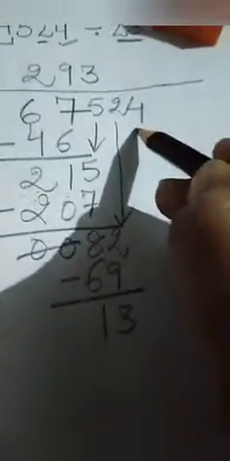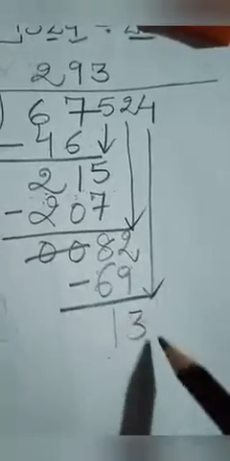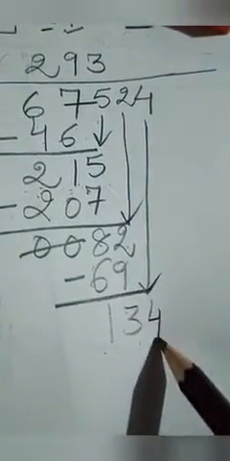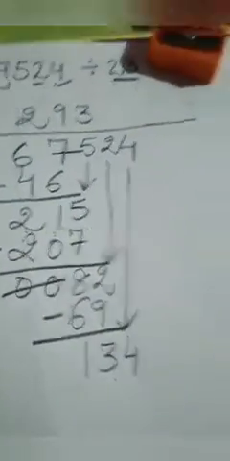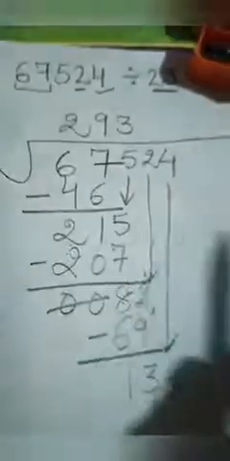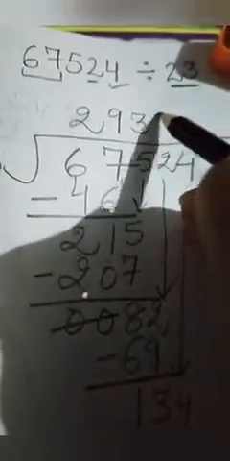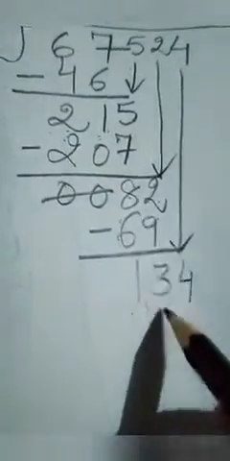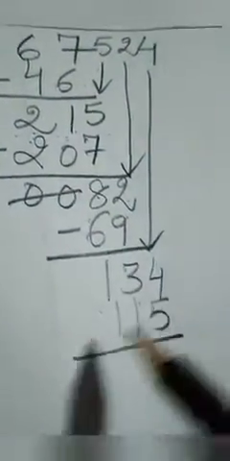Now next is 4. It will be brought down. It is 134. Now you can see what can be written under 134. 138 cannot be written, so we will write 115 under 134. 23 5s are 115. 14 minus 5, 9.